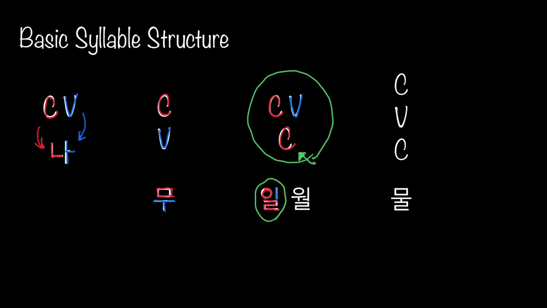And in a syllable like this, you have a consonant, a vowel beside and below, because this is a combination vowel, and then a consonant at the bottom. So in these syllables, the last letter is going to be this consonant right here.